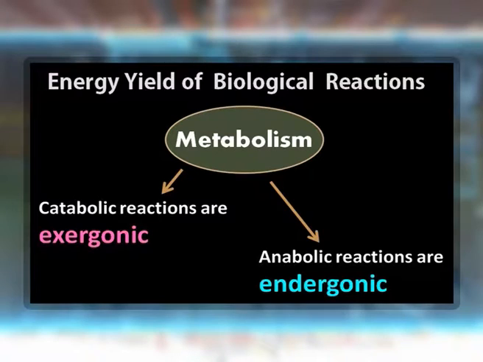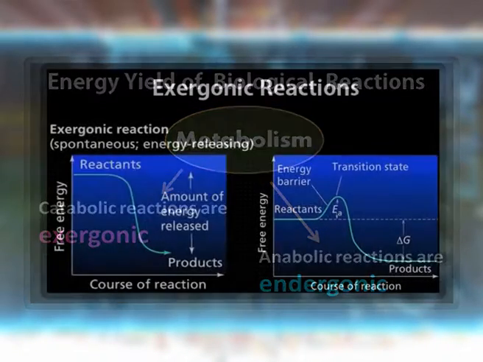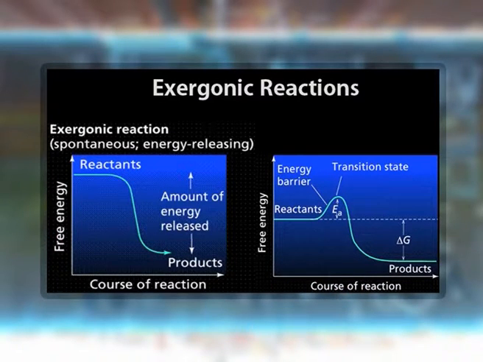Now the metabolic reactions, which are the collection of all chemical reactions that are happening inside an organism, can be classified into exergonic reactions and endergonic reactions depending on energy requirement. An exergonic reaction is one which gives out energy. In that case, the energy of the reactants is higher than the energy of the products.